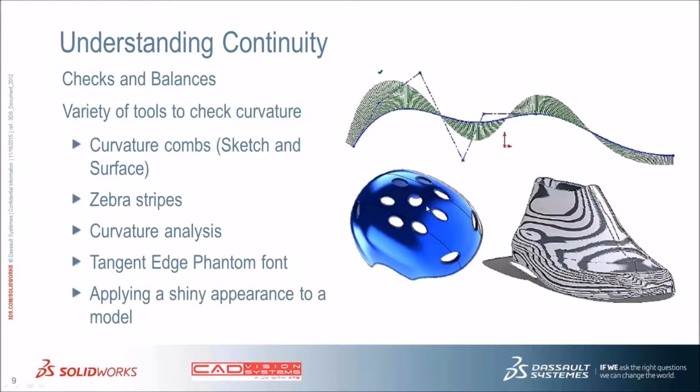Now, how do I check and ensure that my curvature, my splines or my curves are nicely built? There are several tools, for example, curvature combs, zebra stripes, curvature analysis, tangent edge phantom font, and applying a shiny appearance to the model. We'll look at some of them.